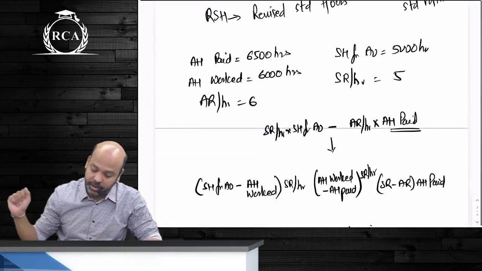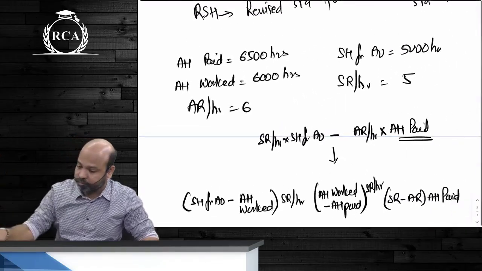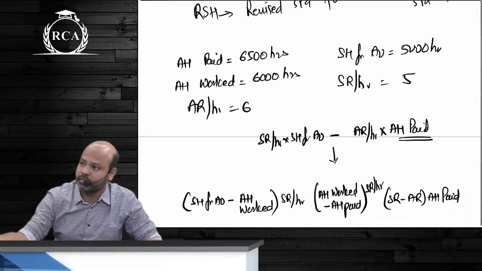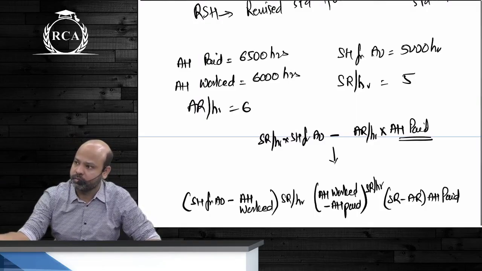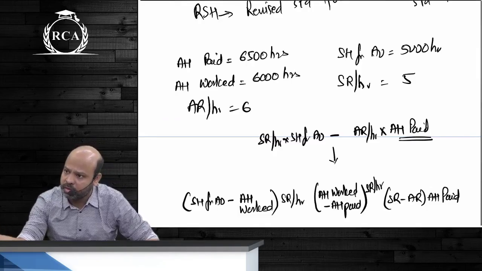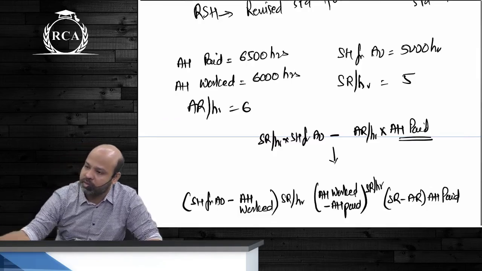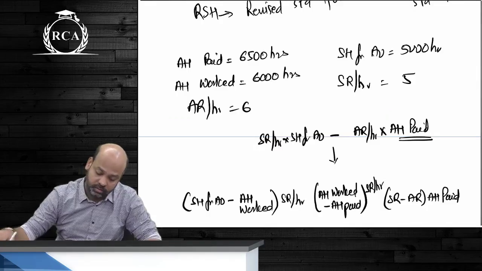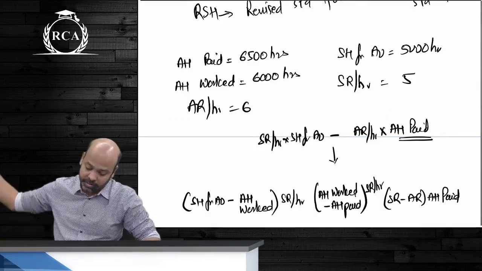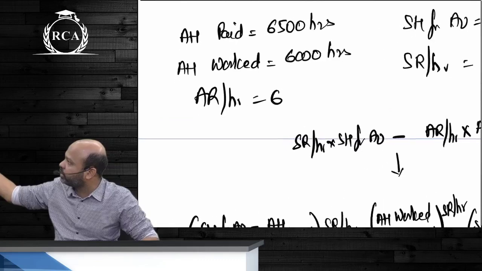Write down the example, guys. Below that, you just have to write AH paid, AH worked, AR per hour, SH for AO, SR per hour, these details.